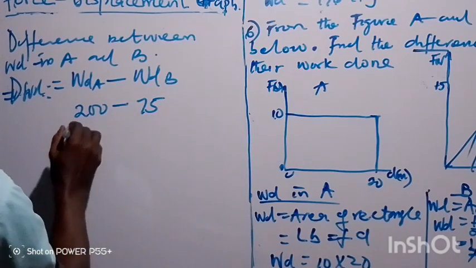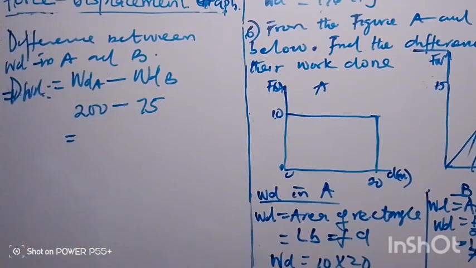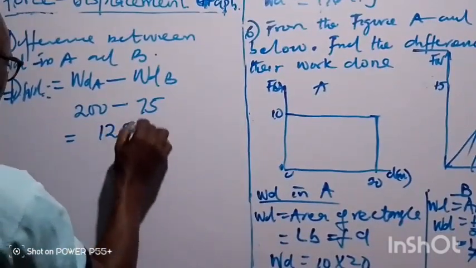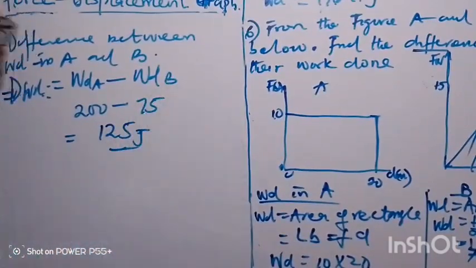Then the answer will be 125 joules. That's the difference between the work done in A and B.